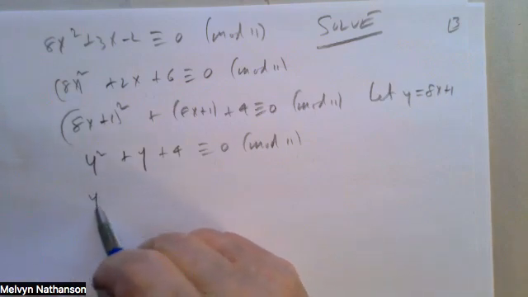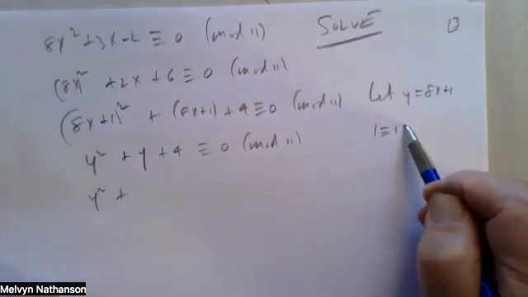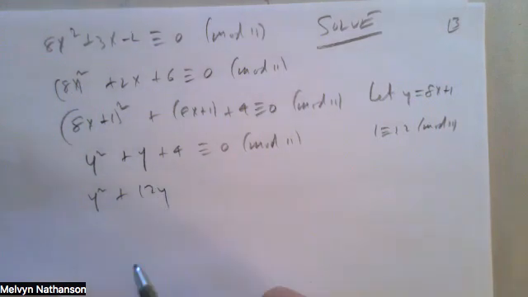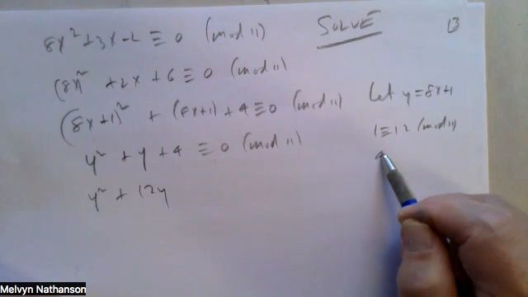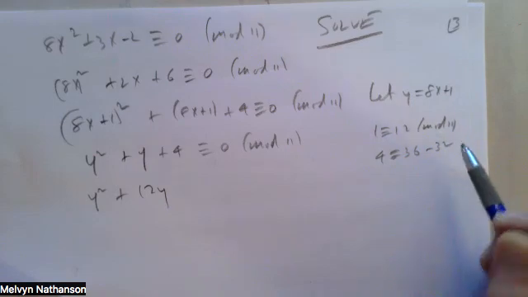I can write this as y squared plus, so 1 is congruent to 12 mod 11. So 1 times y is the same as 12 times y. And 4 is 36 minus 32.